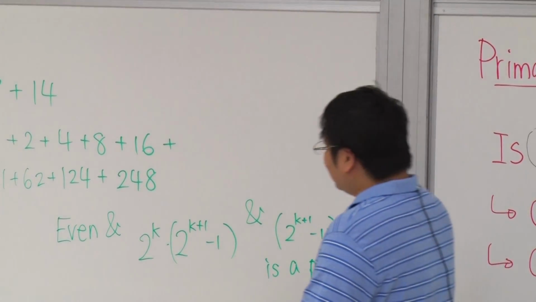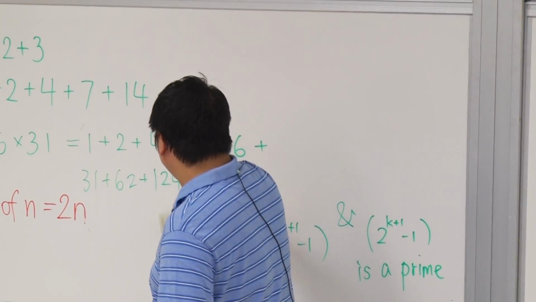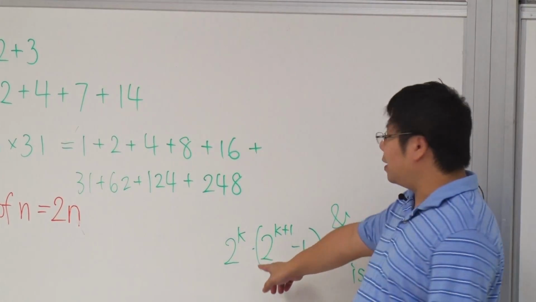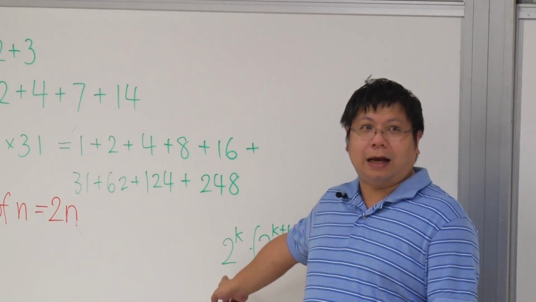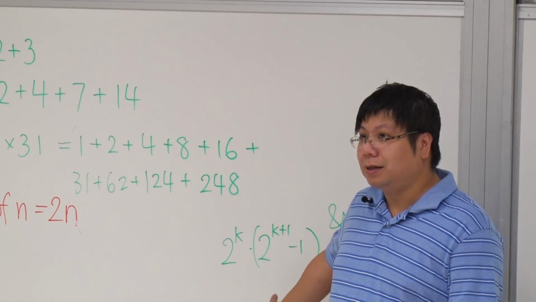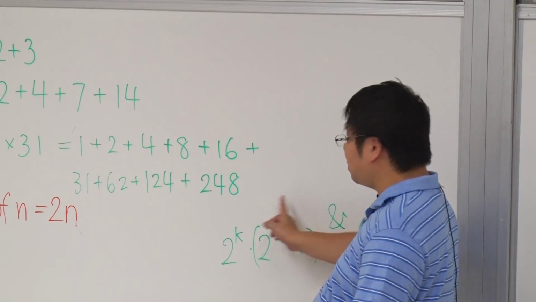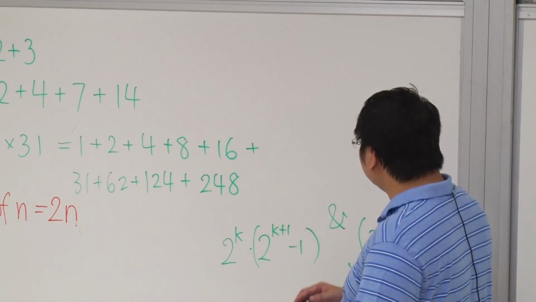So you don't need to add all the factors. If a number is of this form, then it is going to be perfect.